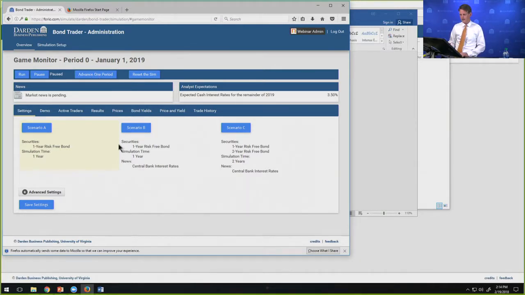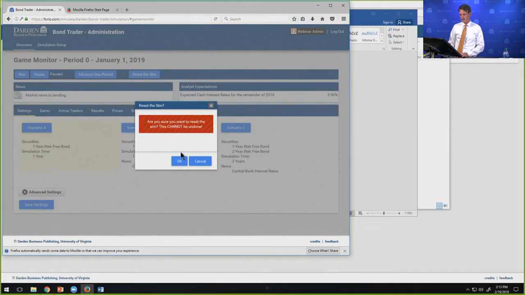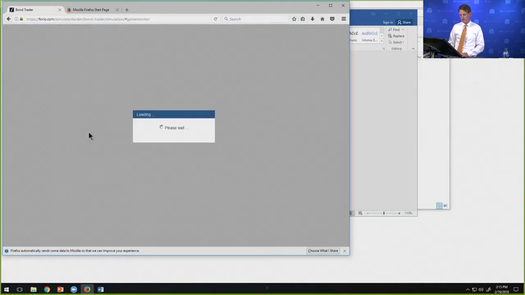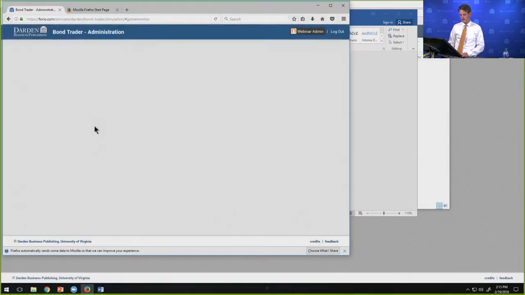What I'm going to do is, once they've logged in, the only other initiating thing you need to do on the admin side is select scenario A. We have 3 different scenarios, and I recommend starting with scenario A. I will also reset the simulation, which is a smart thing to do, just to make sure that all the parameters are reset.